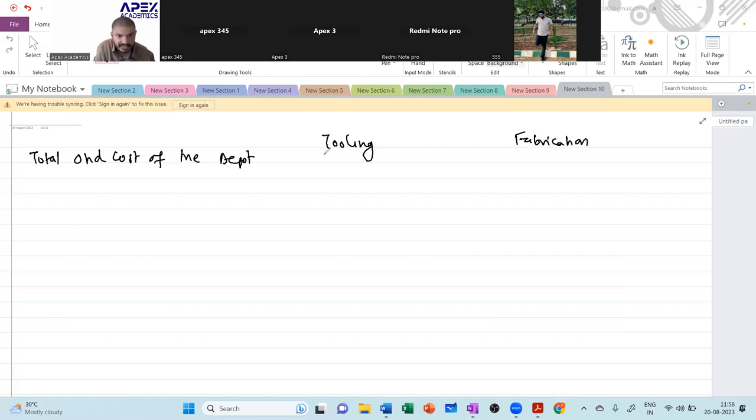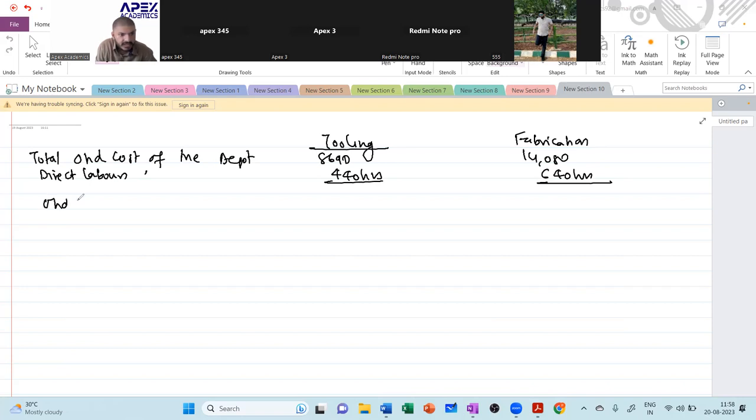Here it is 8690 and here it is 14080. My dear friends, direct labor hours that tooling department is associated with are 440 hours, and fabricating are 640 hours.